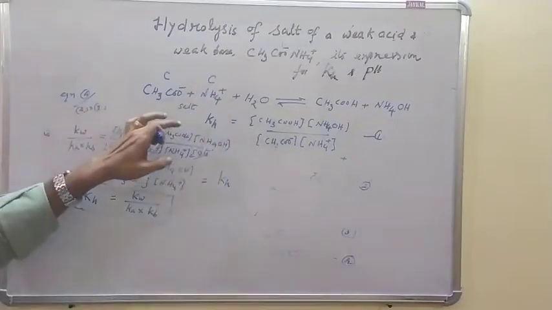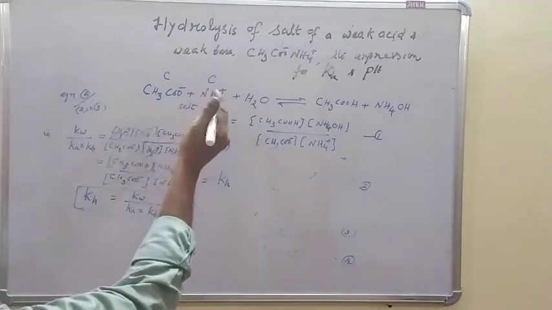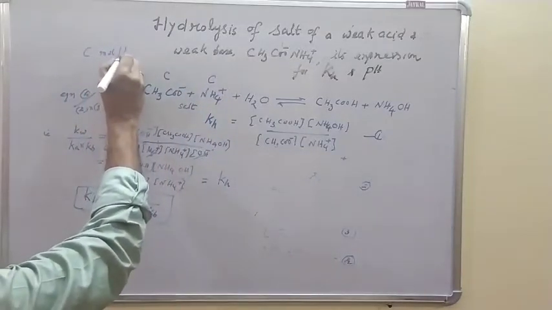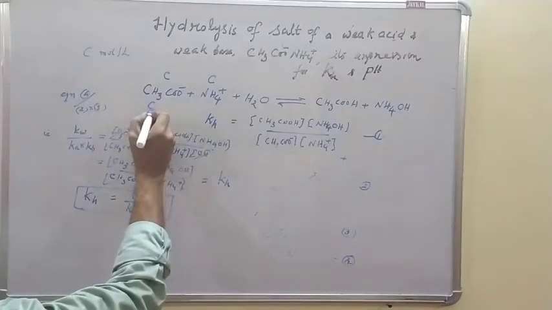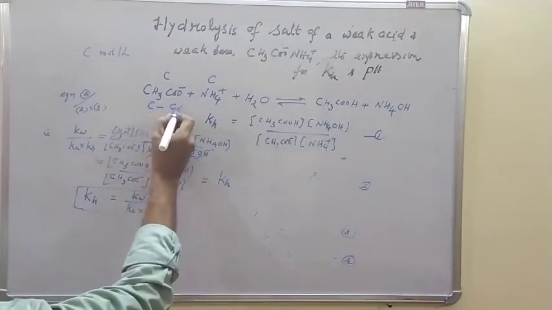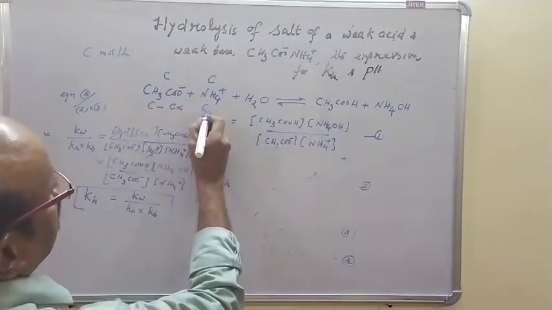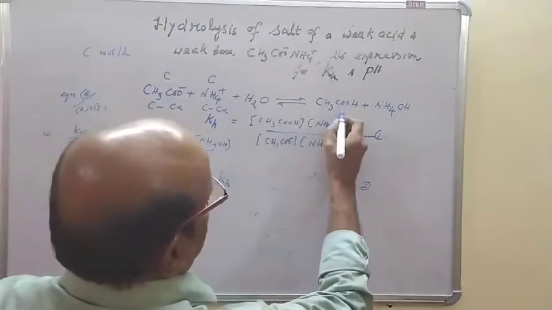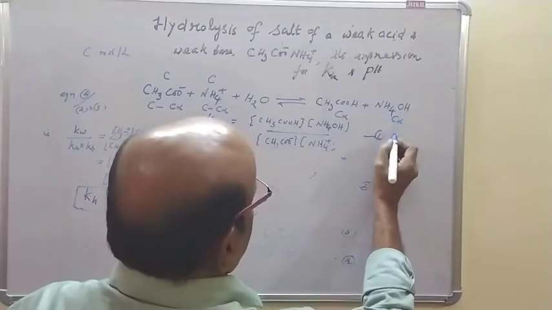So we have C minus C alpha moles of acetate ion and C minus C alpha moles of ammonium ion giving C alpha moles of acetic acid and C alpha moles of ammonium hydroxide.